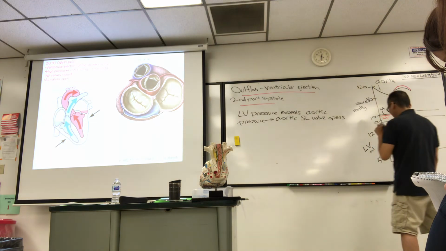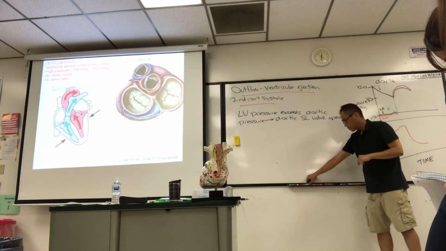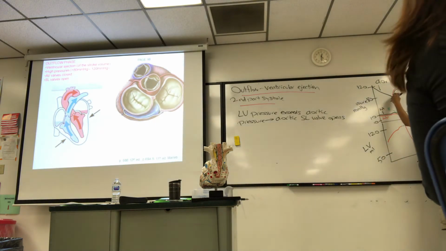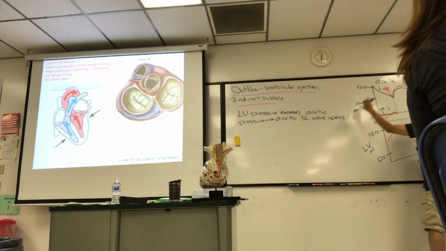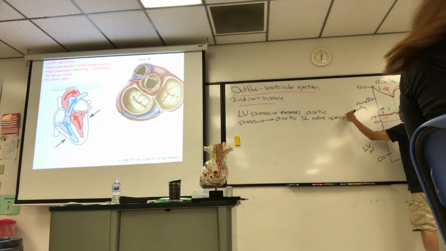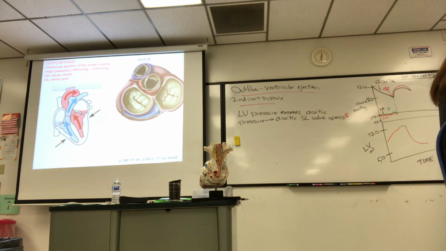I want to point exactly where that occurs. Put another star there. Right there. The aortic SL valve opens right at that point. Okay. Now you're ejecting blood from the heart.